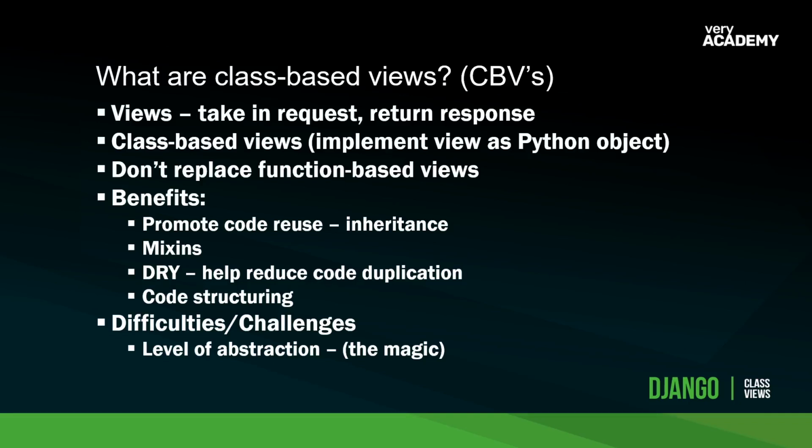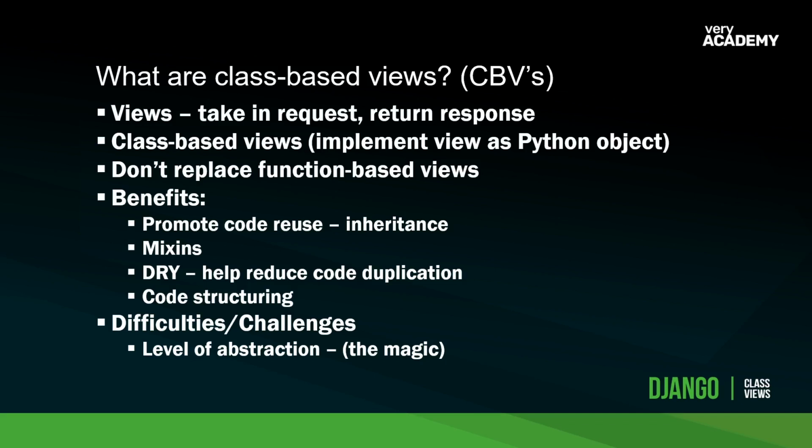This does mean generally that we're writing less code than if we were using function-based views, but it does provide a level of abstraction. By this I mean for new users, you're not necessarily seeing all of the work that's being done because it's being abstracted to these other inherited methods and attributes.